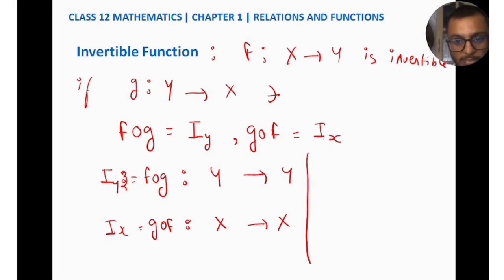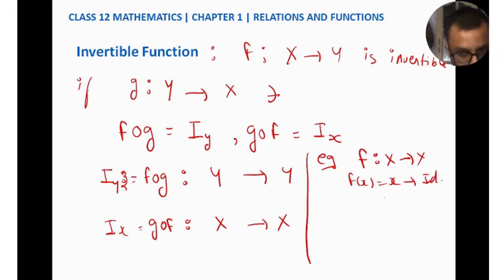Let me give you one simple example. Suppose you are taking f from X to X, where my X and Y are both the same, defined as f of x is x. This is the identity function, right? Now I am saying that this function is invertible, so for that I should find one g such that f of g should be identity and g of f should also be identity. So let me define g as the identity function.